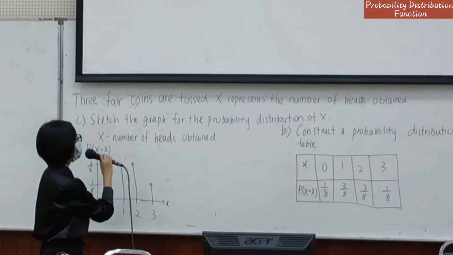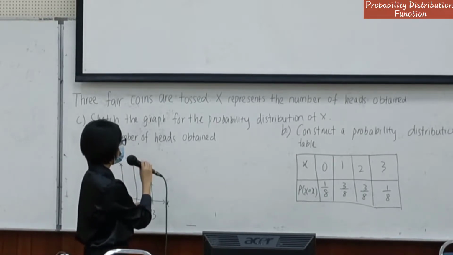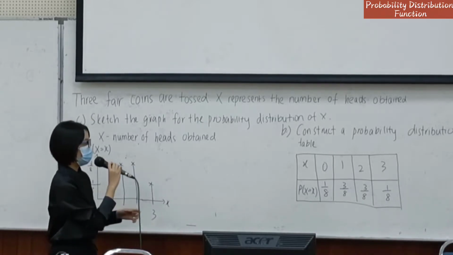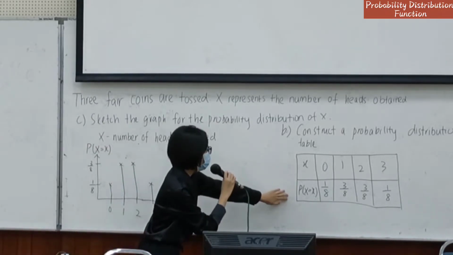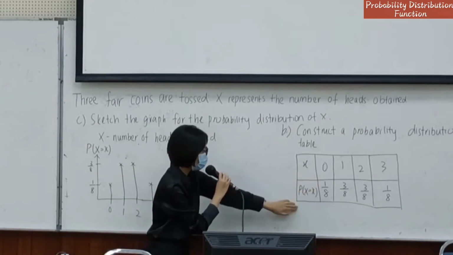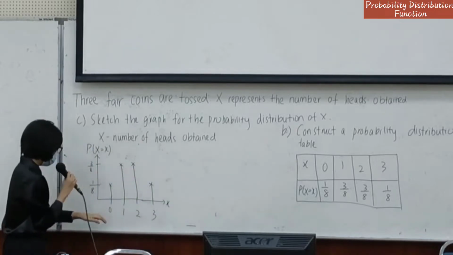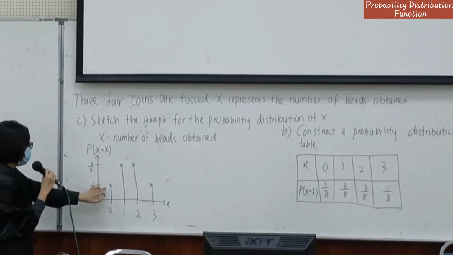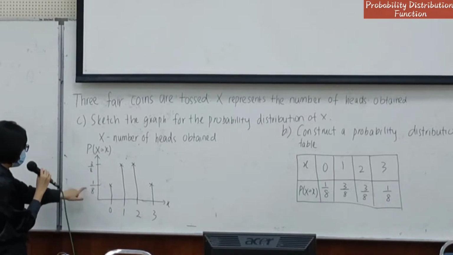Okay, now we have to sketch the graph for the probability distribution of x. To sketch the graph, we can get the information from the table we constructed just now. When x=0, the probability is 1/8, so we cross here at 0 and 1/8.